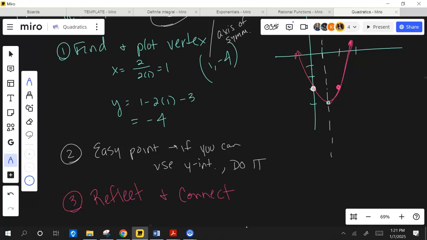All right. So several of you said, what happens if I can't use my y-intercept as my easy point? You're going to see that happen in number 4. What's your vertex in number 4? Find it real quick.